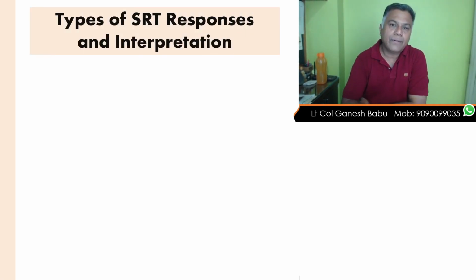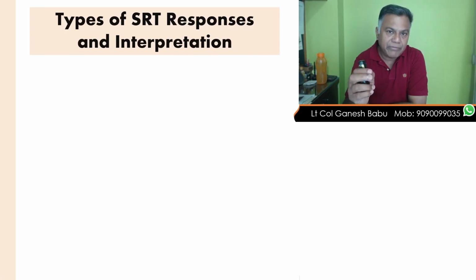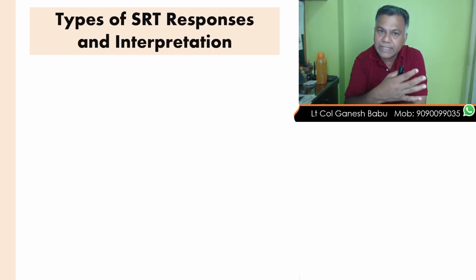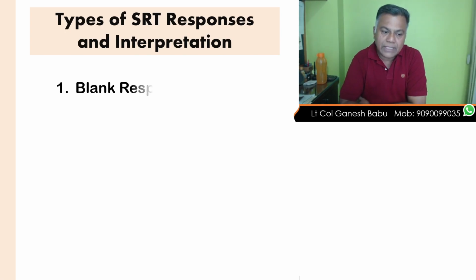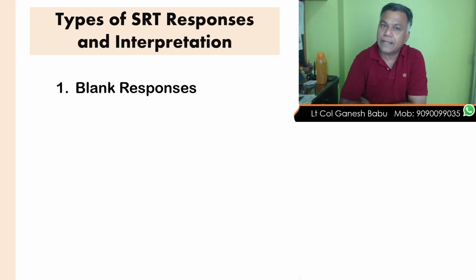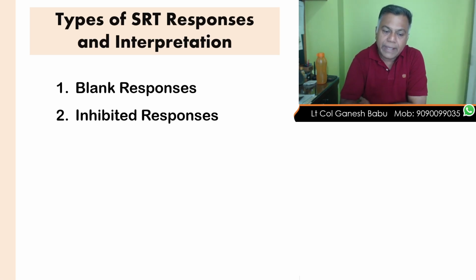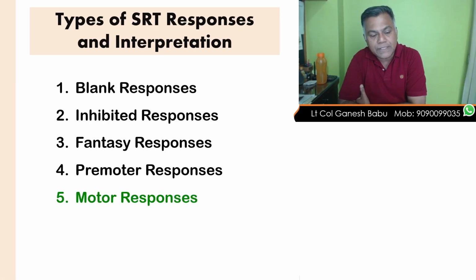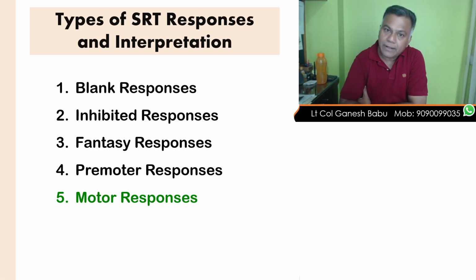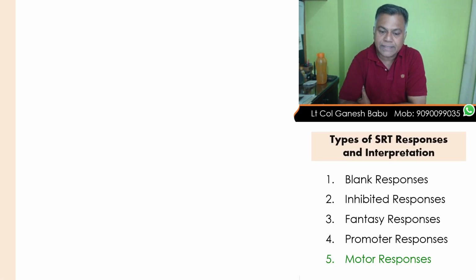Now in the SRT simplified video, I have classified various types of SRT responses and the interpretation of them. The classification I mentioned was that there can be blank responses, inhibited responses, fantasy responses, premotor responses and motor responses. And the only one that is required is motor responses in case of SRT.